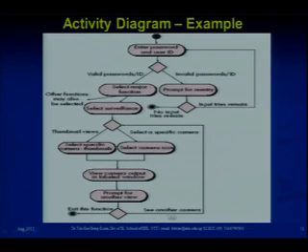Then, if the user wants to see another camera, you will go back here. So the looping is shown here. It's very similar to a flow chart. And here there's another looping also. You can see from here, and this is another exit point.